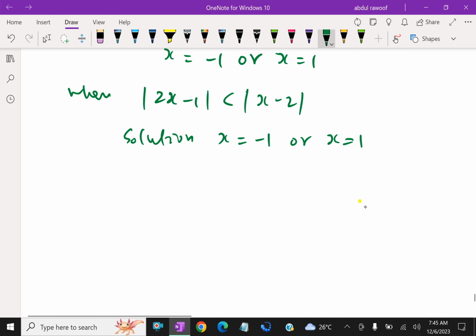We can write this as x is greater than minus 1 and lesser than 1.